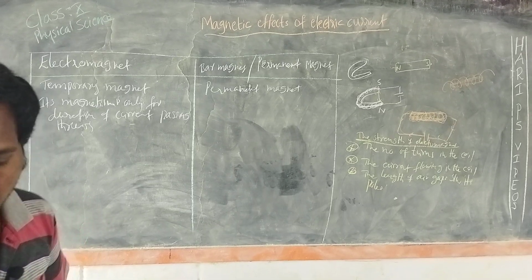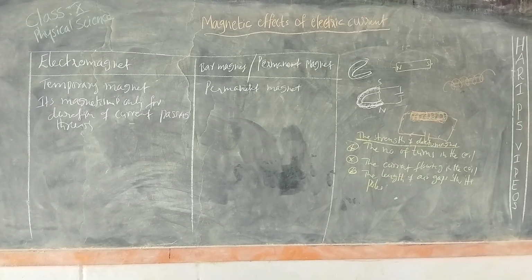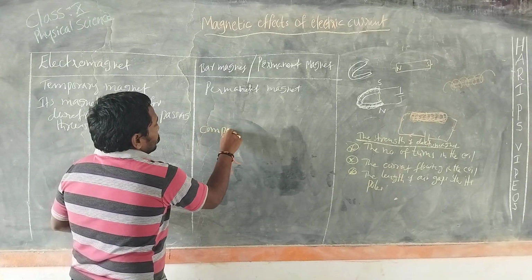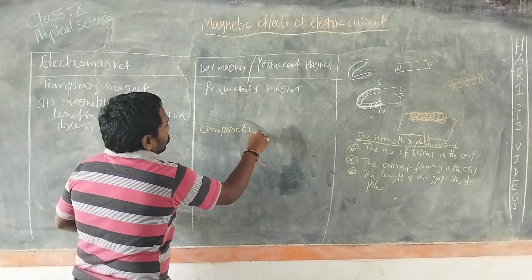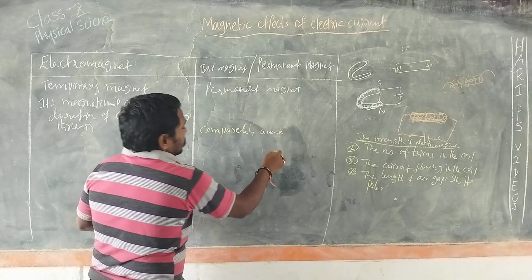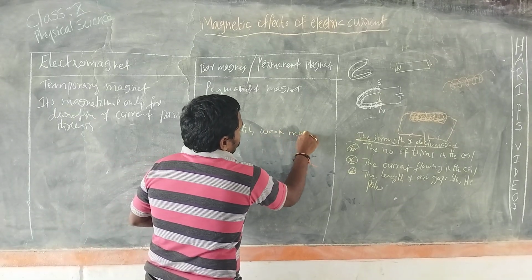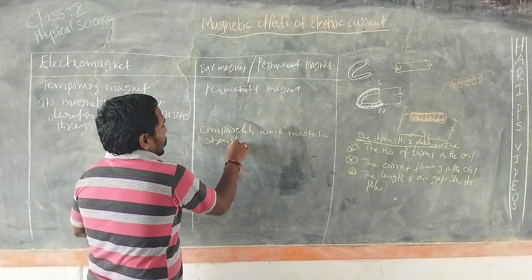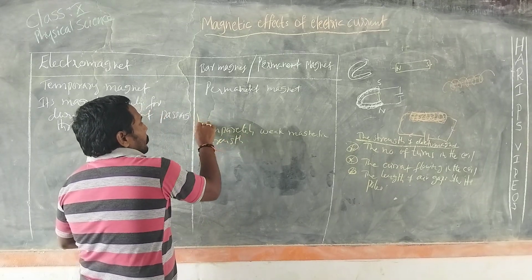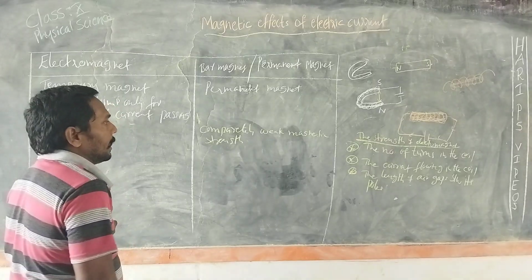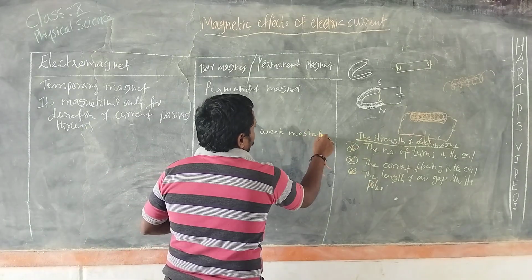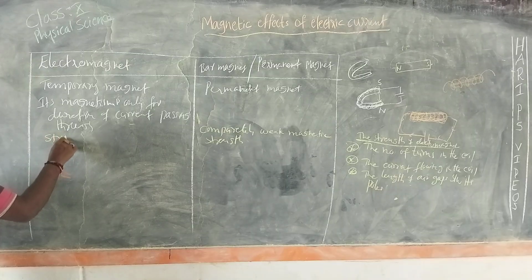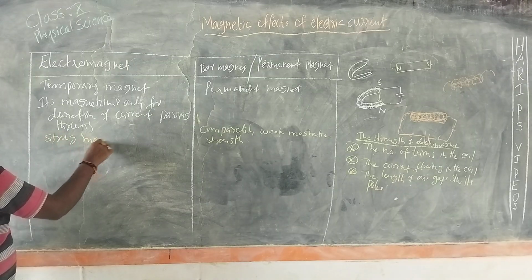So a permanent magnet has comparatively weak magnetic strength when compared with an electromagnet. An electromagnet has strong magnetic strength.